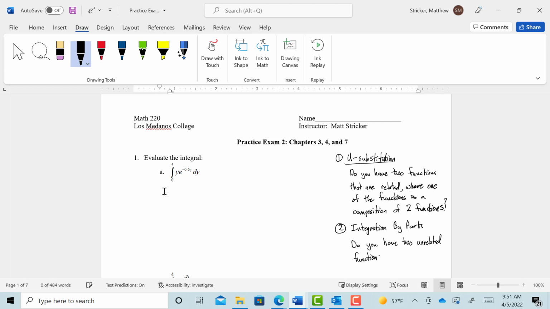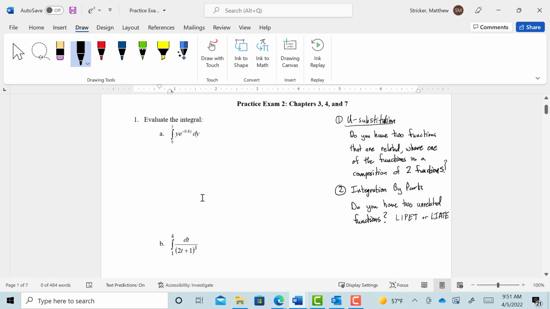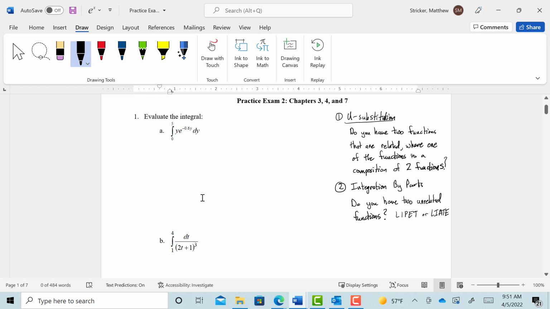And remember, if that's the case, then you're going to use LIPET, or some of you may like LIATE, to help you determine what to pick for u and what to pick for dv. So those are the two methods you use when you have two functions.